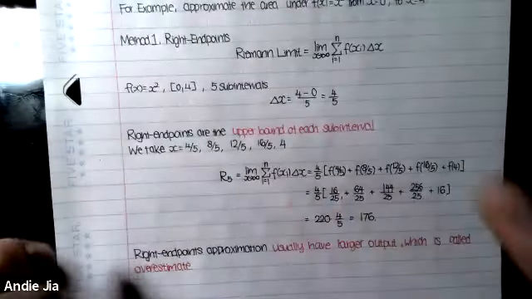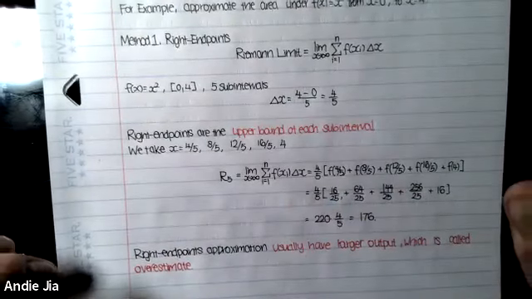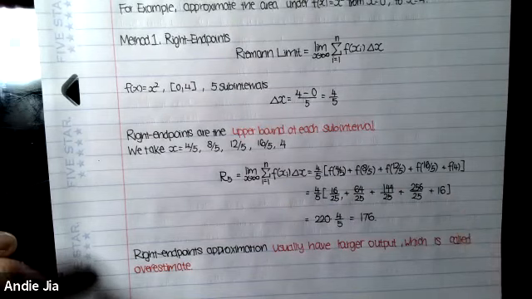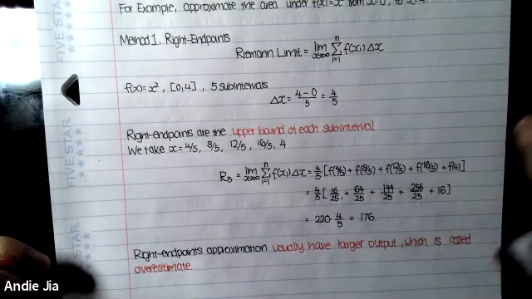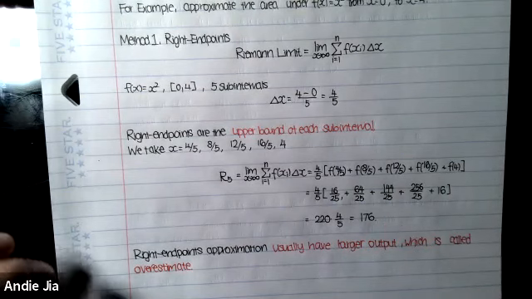And as n, the number of intervals, increases, the output will be more accurate and nearer to the exact area, or the exact number.